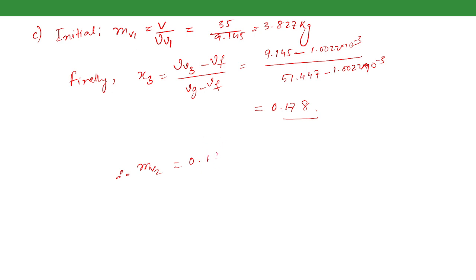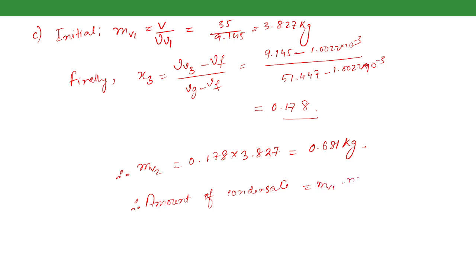So this is 0.178 multiplied by 3.827, which comes out to be 0.681 kg. Therefore, the amount of condensate is mv1 minus mv2, that is 3.827 minus 0.681, and that is 3.146 kg.